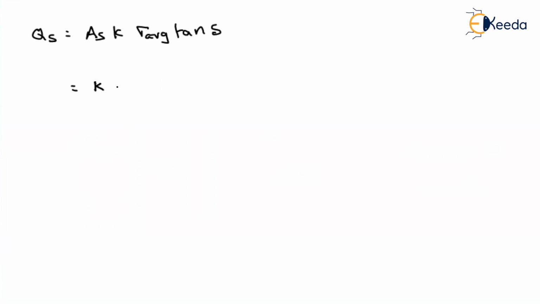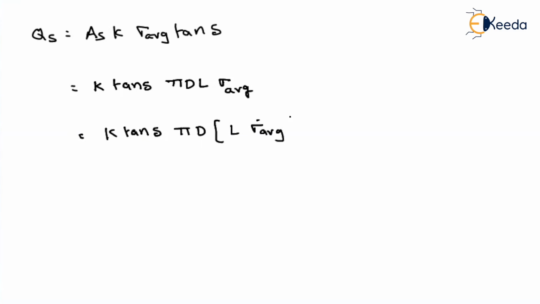K will be constant, and tan delta is also a constant parameter, and AS, how can I represent? Pi into D into L in general, we can write it down. Pi into D into L into the average stress. The diameter is also constant. Instead of finding the L average, I am taking a separate value, the average vertical stress.